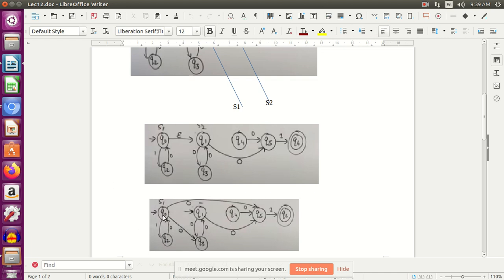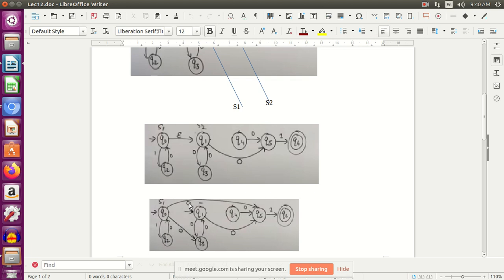So if you see, I have added an edge from Q0 to Q3 with level 0, that is, I have replicated this one, and I have also marked an edge from Q0 to Q5, that is, I am replicating this edge Q1 to Q5. So I will add the same Q0 to Q5 with the edge level 0.